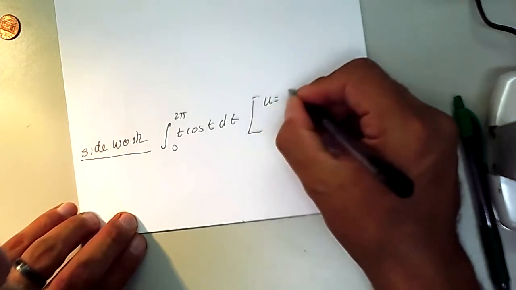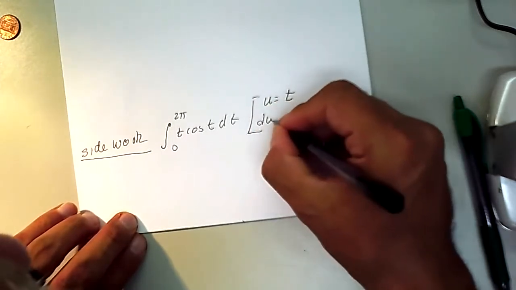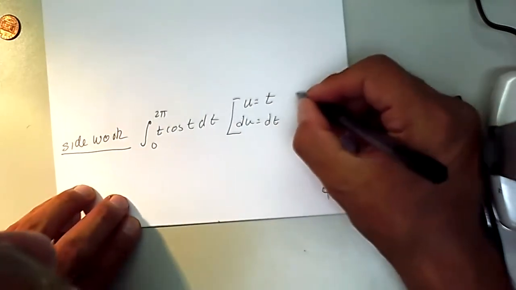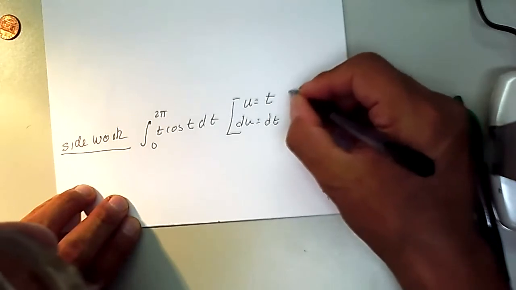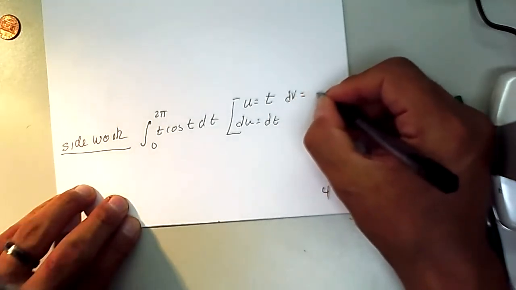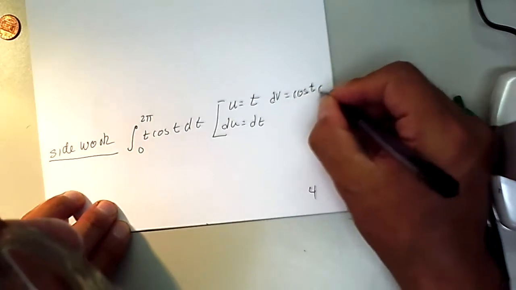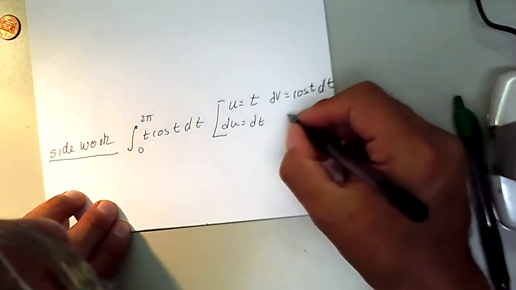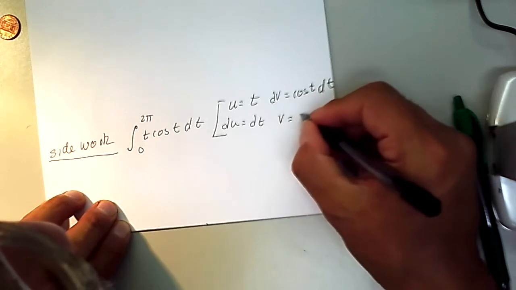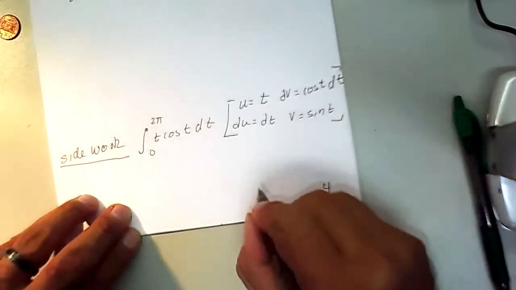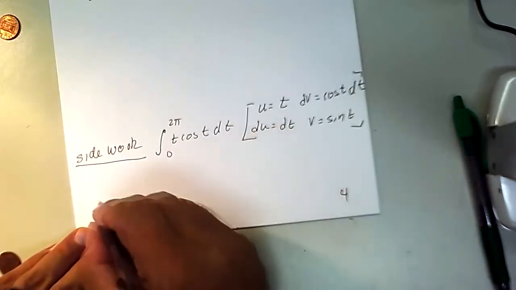Remember, if we set u equal to t, du equals dt. And if we set dv to be equal to cosine of t dt, then v equals sine of t. And we're closing the bracket.